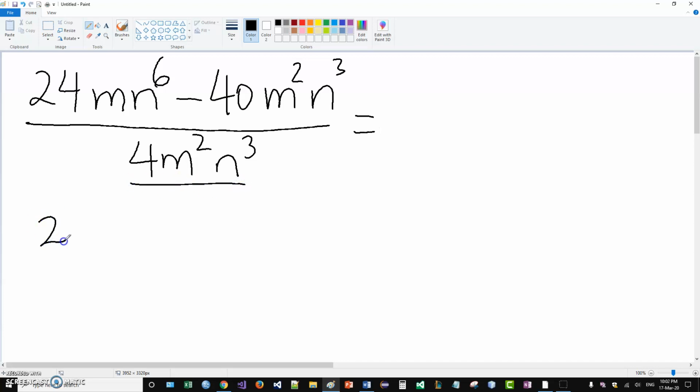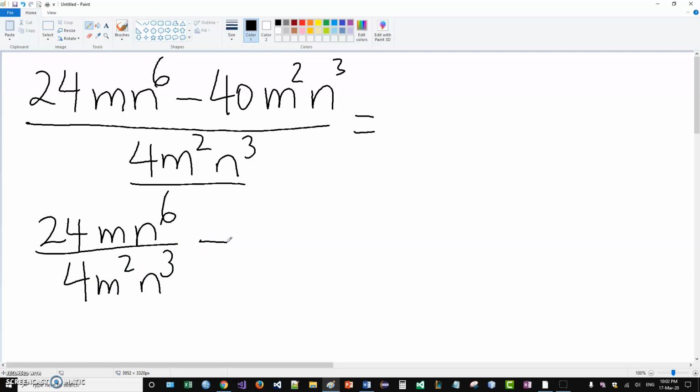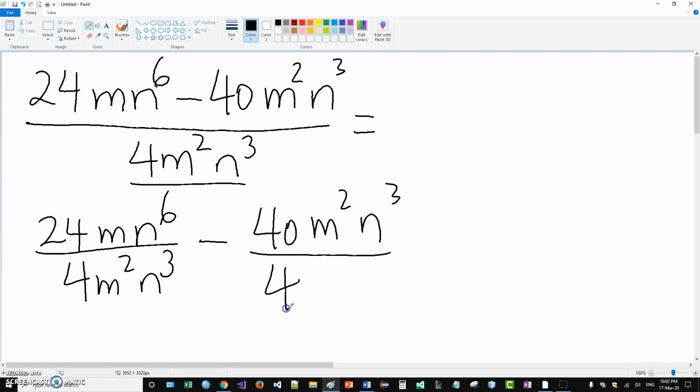So 24mn to the power 6 over 4m squared n cubed minus 40m squared n cubed divided by 4m squared n cubed.